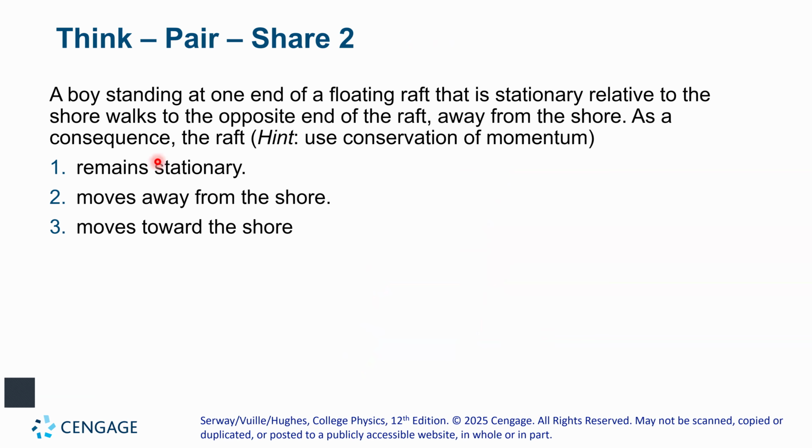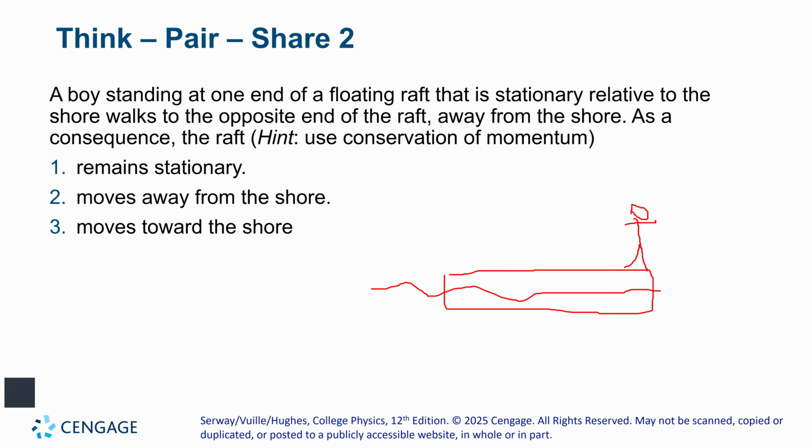So let's now do think-pair-share 2, talking about a boy that's standing on a floating raft in water. So there's water and there's a raft in the water, and there's a boy standing on one end of this raft.